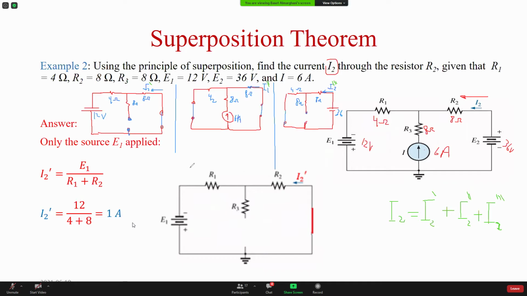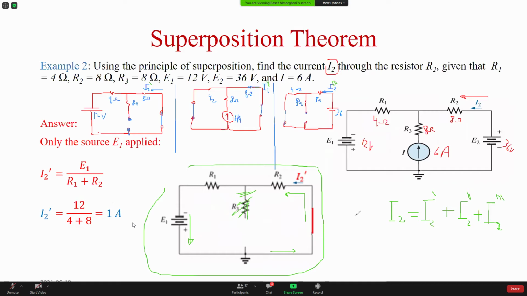So this is the first circuit, which is basically just this one. Look at this source. It's going to give me current in this direction, the same direction as I2. Now this branch is open, so we can cancel it. The current in this circuit is just the voltage divided by the total resistance.